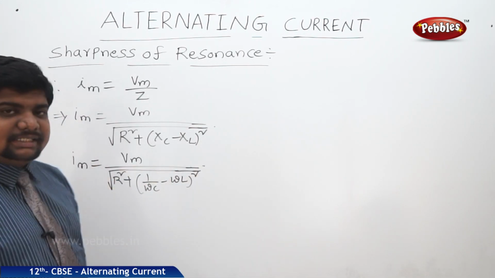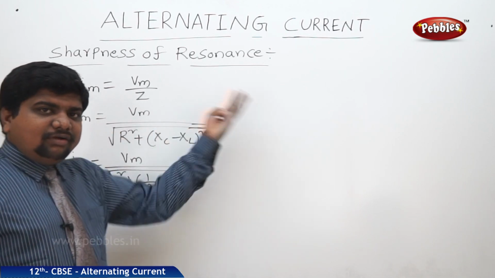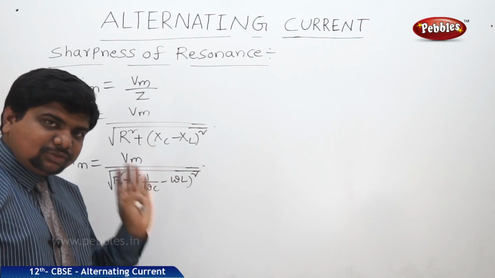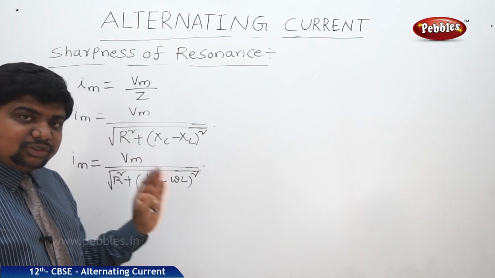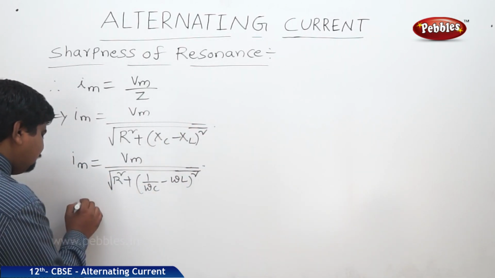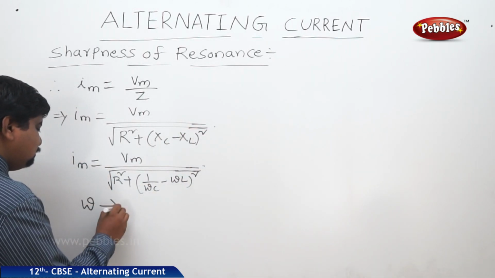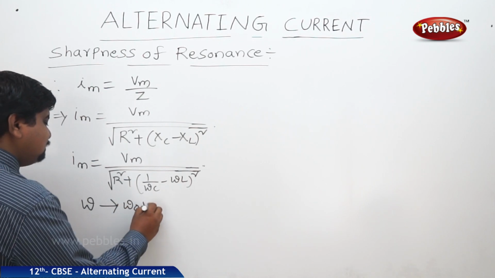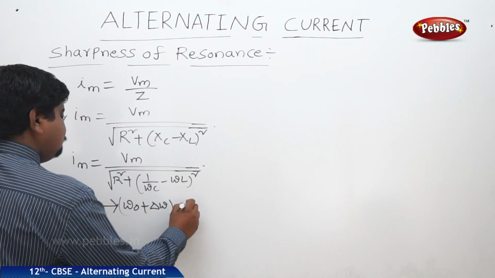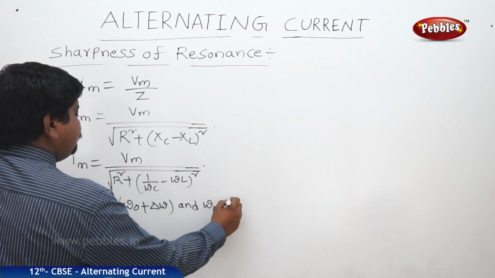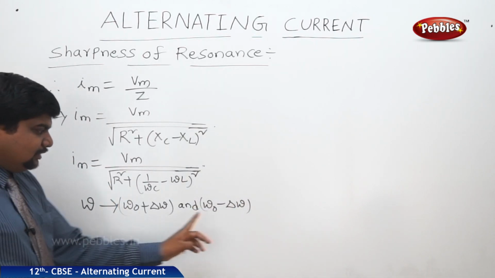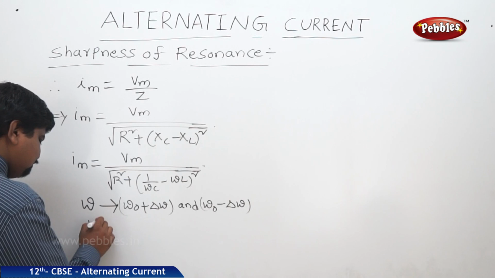Now, in this case, I am choosing another value of omega, for which the power dissipation is reduced to half and the amplitude is 1 by root 2 times its original. So I am taking omega as omega naught plus delta W and omega naught minus delta W. This one is omega 1 and this one is omega 2.